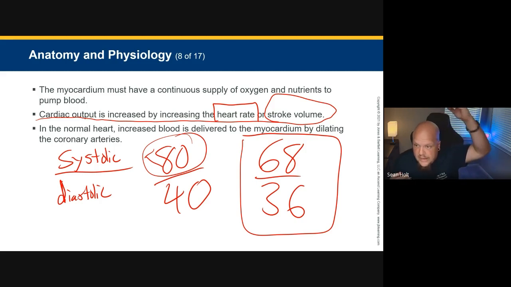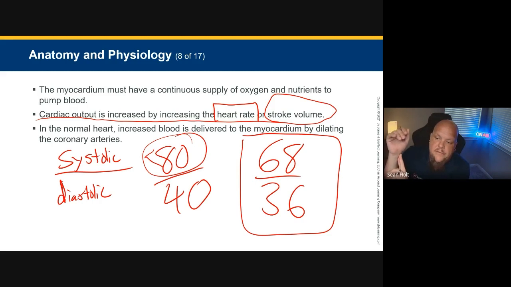Blood pressure's really high, we get something called a bounding pulse. A bounding pulse means you just lightly feel that radial pulse right there, and it feels like that vessel is just contracting like the heart is. You're going to feel it even if you press really hard on it. It is bounding, meaning it is super strong. Okay, so there's also thready. All right, thready is a term that we use to describe weak, hard to feel.